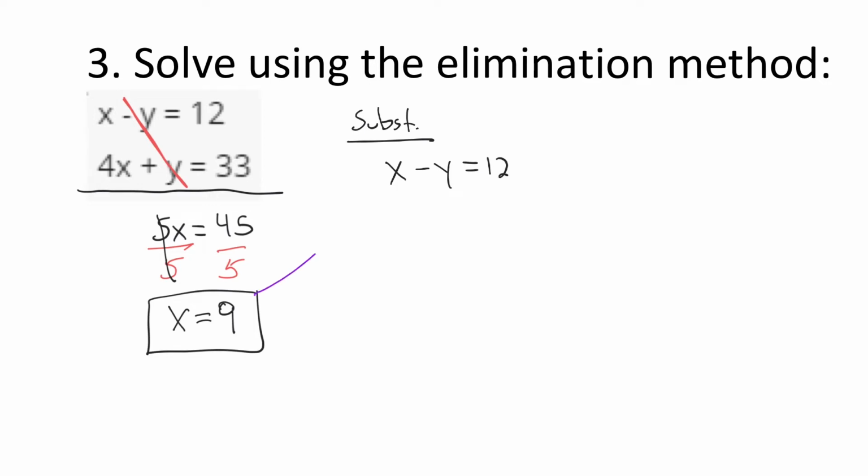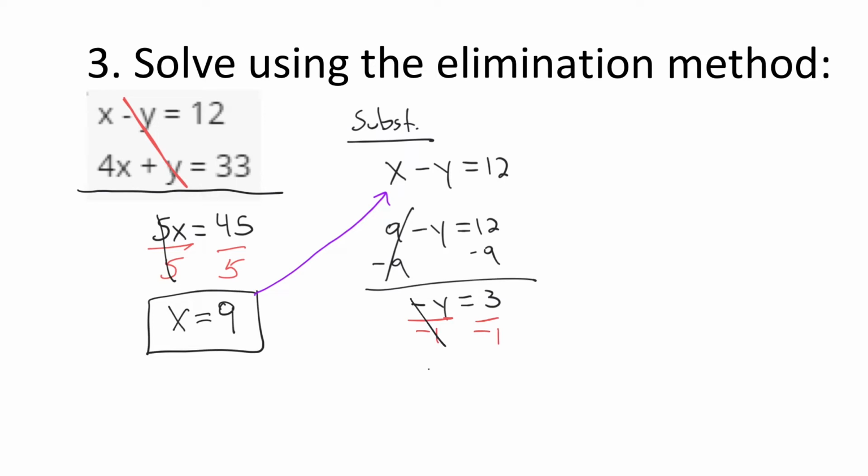And you guys substitute that 9 into the x. So it's going to be 9 minus y equals 12. And you guys solve for y. So you guys subtract 9. Negative y equals positive 3. We have to get rid of that negative. So you guys are going to divide by negative 1. And y equals negative 3.